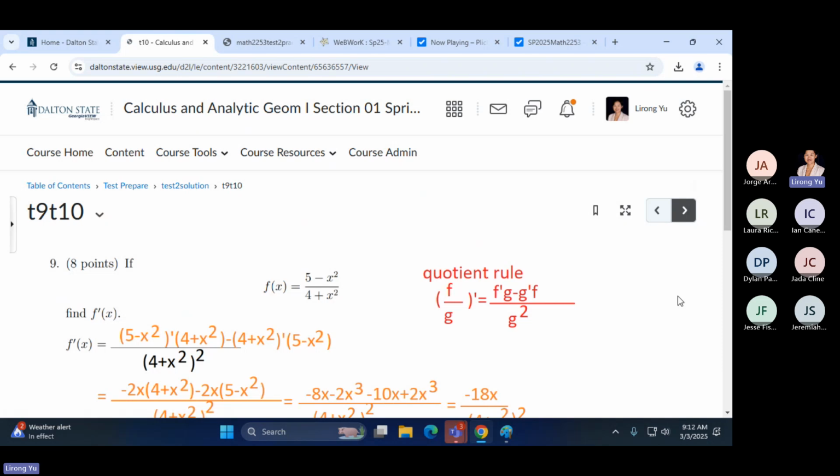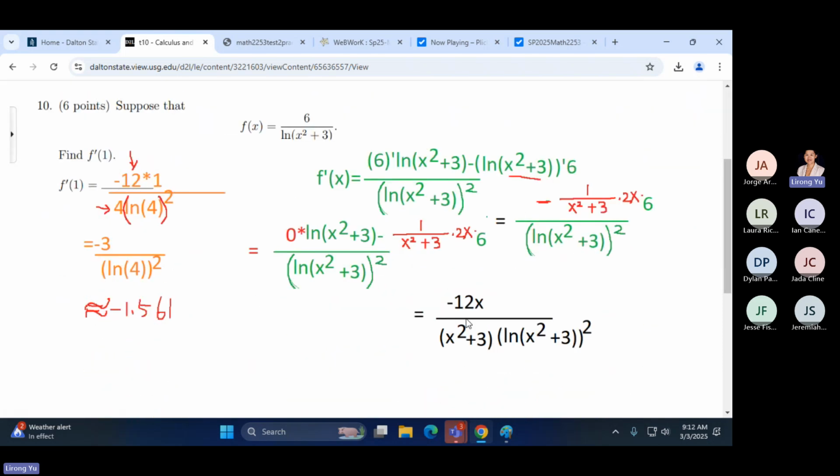And then there's question 10. Quotient rule. And again, the calculation on this kind of question, because the denominator is more difficult, you can, I think I did it 2 different ways. This was calculating using the quotient rule, the denominator being squared and the numerator differentiated times the denominator minus the denominator differentiated times the numerator, and then the derivative of 6 equal to 0.